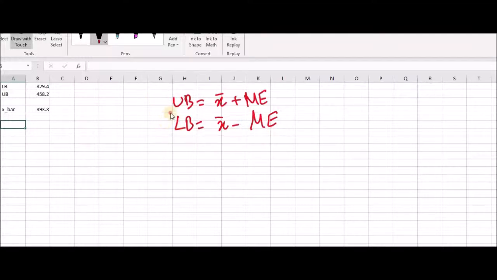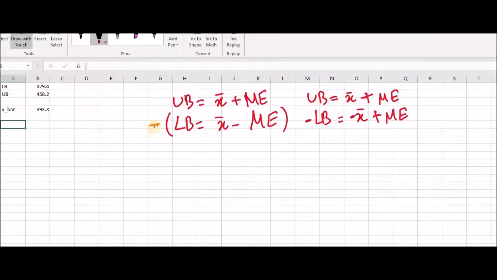If I subtract, then I will multiply this equation by -1 entirely. So I will have here the upper bound is equal to x bar plus the margin of error, and here I will have negative lower bound is equal to negative x bar plus margin of error, because when you multiply the negative sign, each of those signs will flip from negative to positive and from positive to negative.